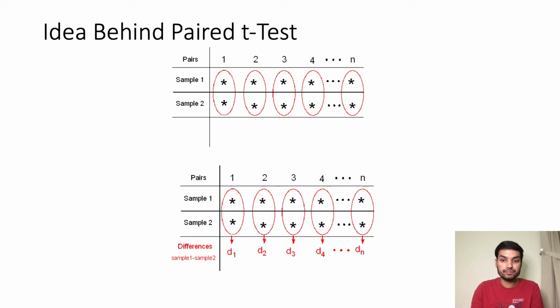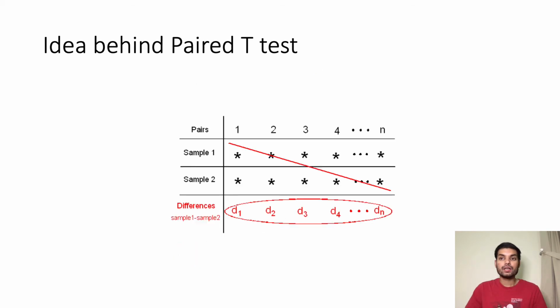In general, for every matched pair of data, our data consists of two samples which are organized in n pairs. For example, let's think of sample 1 as before and sample 2 as after. We can find the difference between the before and after results for each participant, namely before minus after, and we can label it as D. So essentially, the paired t-test is based on this one sample of n differences.